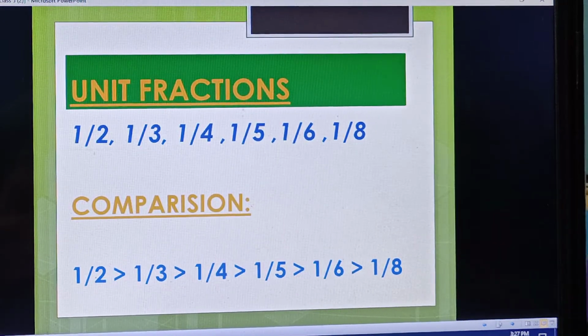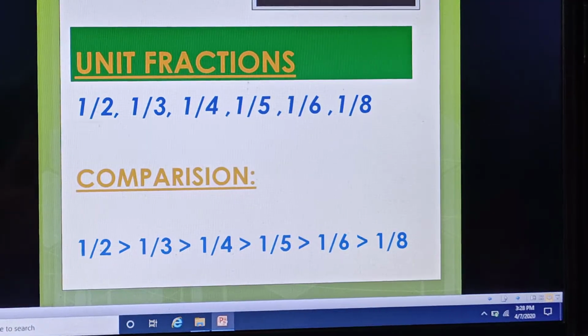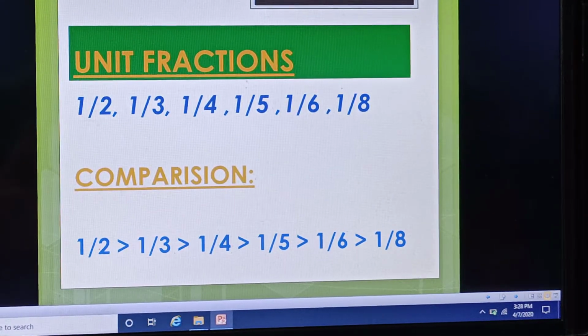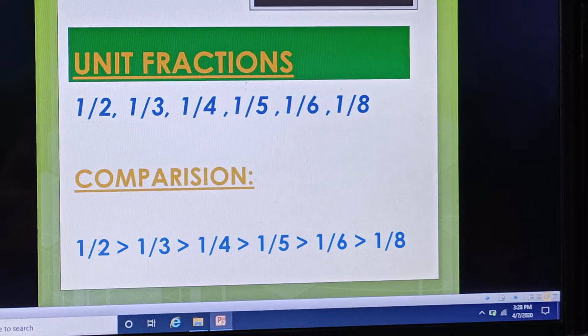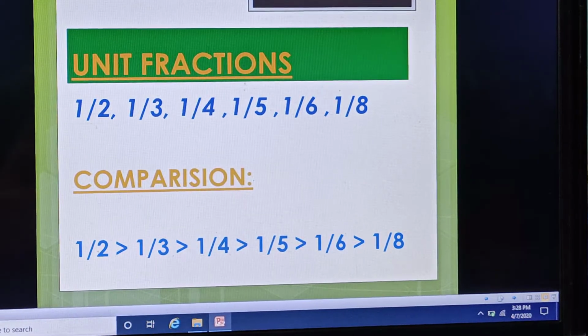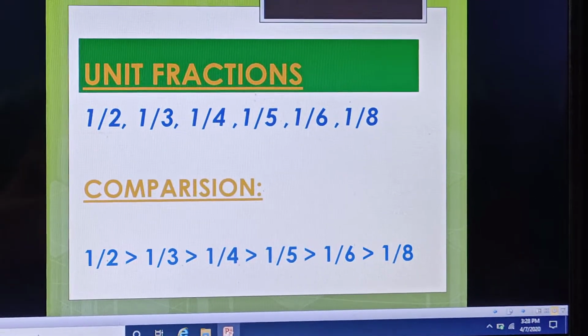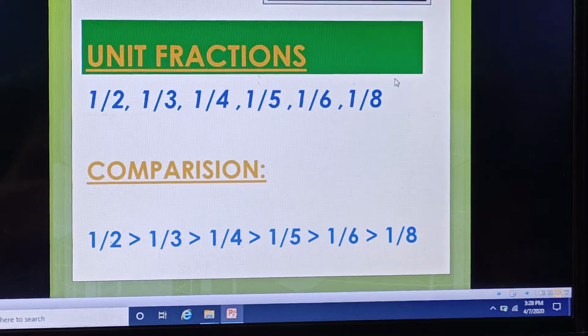And so, comparing unit fractions is very easy. Just by looking at the fraction, we can decide which fraction is smaller and which one is bigger. The smaller the denominator, the bigger the fraction, and the bigger the denominator, the smaller the fraction.